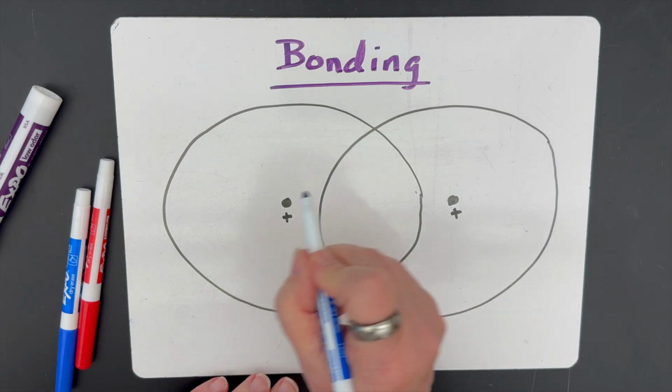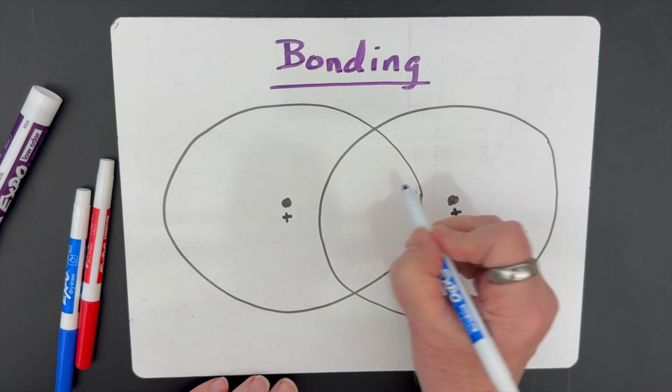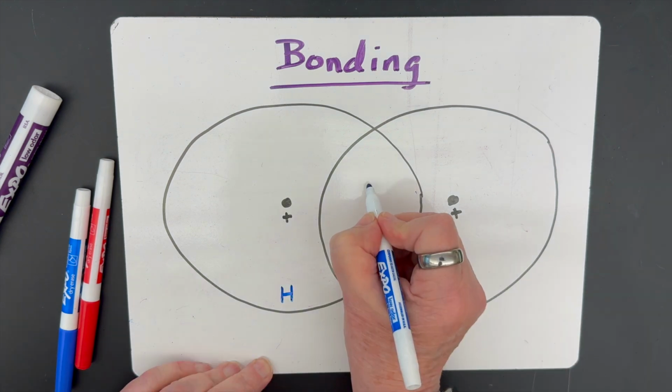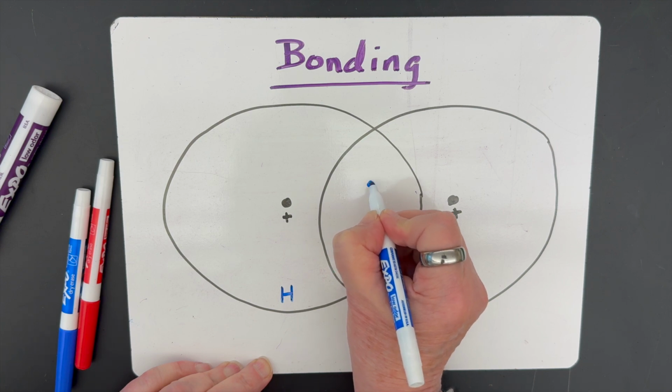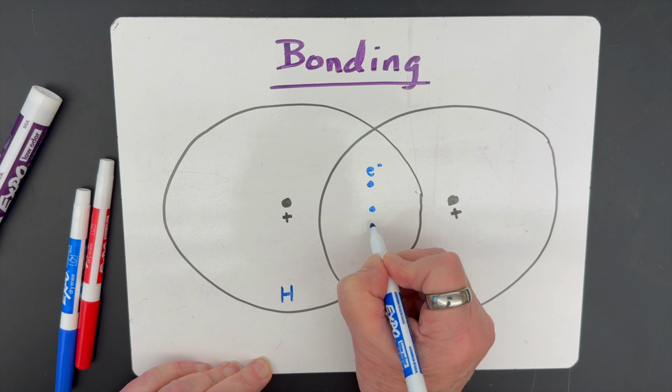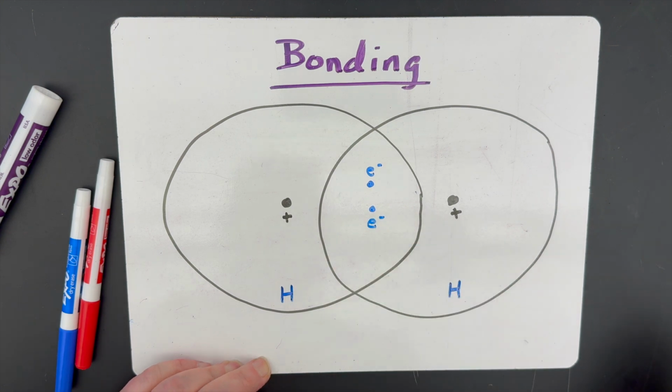We're going to have one electron coming from this atom and one coming from this atom. So let's say these are atoms of the same element. Let's say this is hydrogen and hydrogen. We have an electron from one hydrogen, and we have an electron from our other hydrogen.